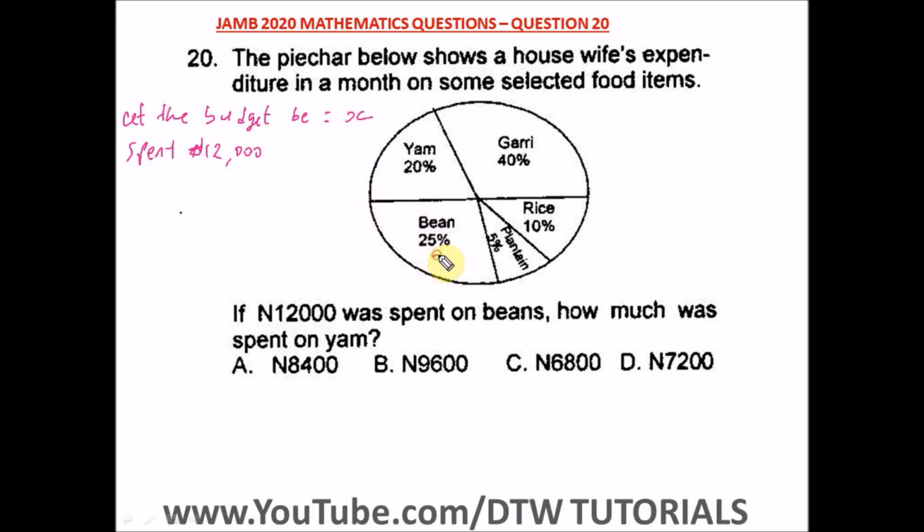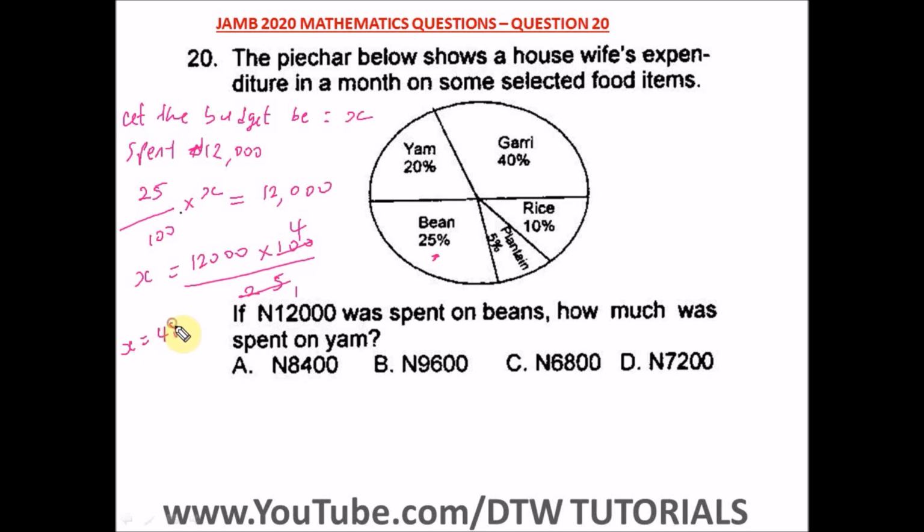And if we come to beans, we see that beans is 25%. So we have to find what is 25% of our budget, which is X, that will give us 12,000. So if you make X the subject of the formula, we have X equals to 12,000 times 100 over 25. 25 into 100 is 4. So our monthly budget now is 48,000 naira.